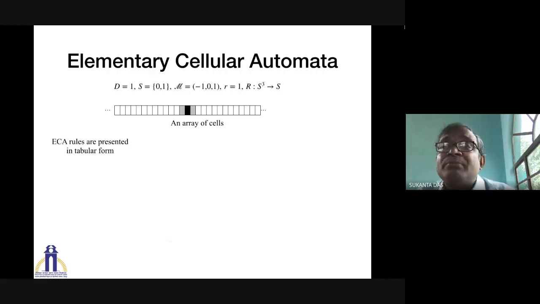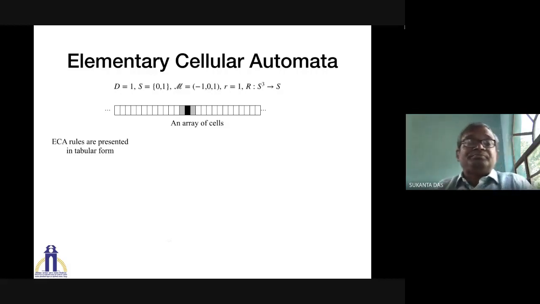Although before Wolfram, many classical works were there, starting from von Neumann's work, Moore's work, then E.F. Codd, then Game of Life, the CA was systematically explored by Stephen Wolfram, and for that he considered this simple system of cellular automata, right?